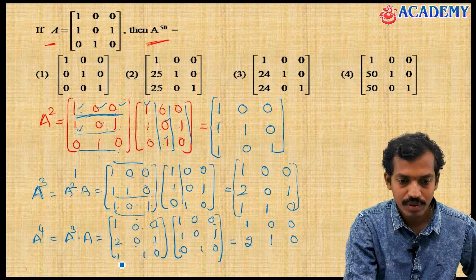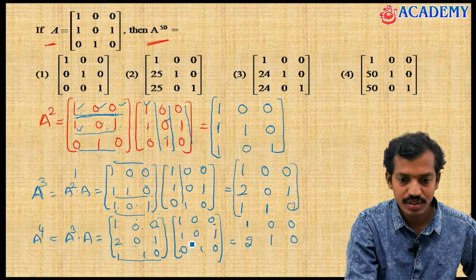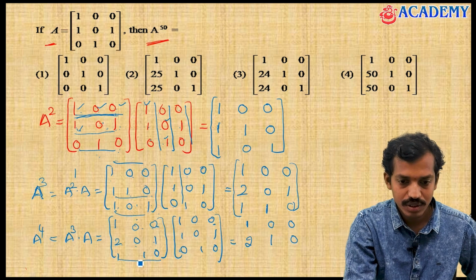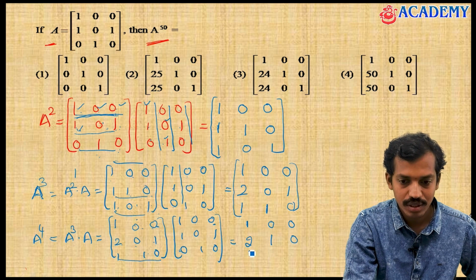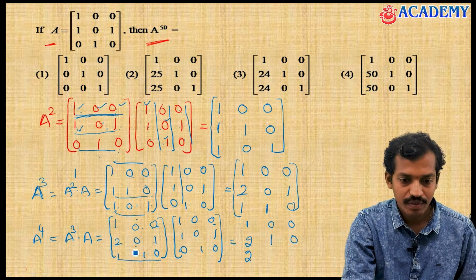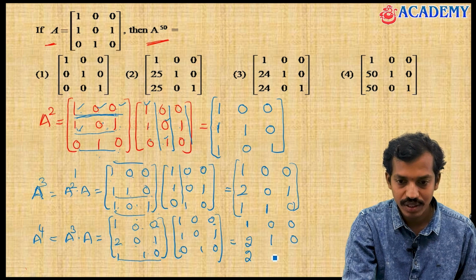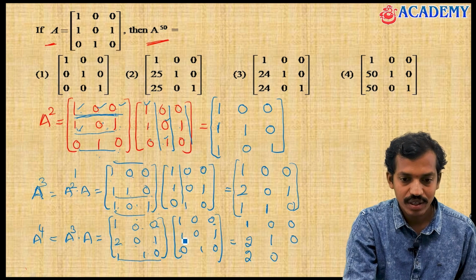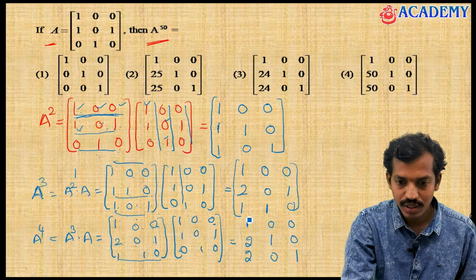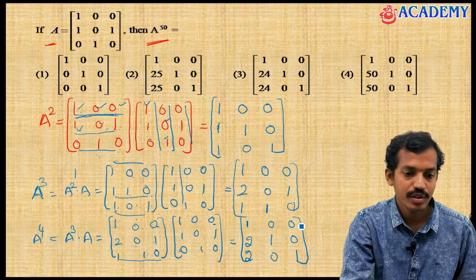Next A to the power of, that is 1 1 0 into this value, 1 into 1, 1 next 1 into 1, 1 that is nothing but 1 plus 1 2 plus 0, that is nothing but here 2. Here 1 into 0, 0 1 into 0, 0 0 into 1, you are going to get here 0. Next 1 into 0, 0 1 into 1, 1 0 into 0, here you are going to get 1, that is this is A to the power of 4.